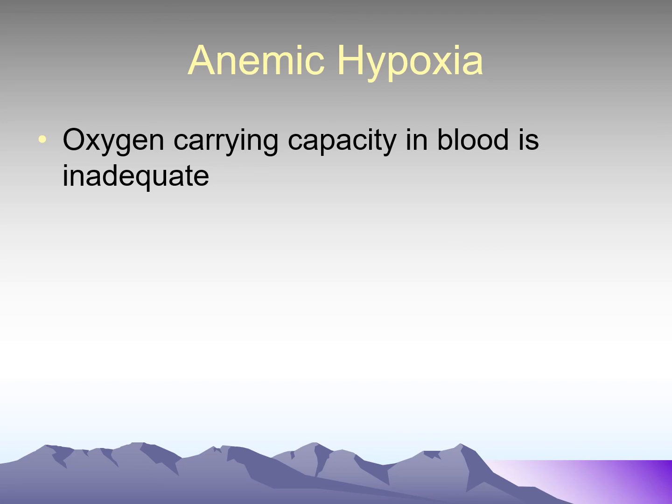Our PaO2 is normal here in anemic hypoxia, but the oxygen carrying capacity of the hemoglobin is inadequate. So there's not enough hemoglobin to carry the oxygen. So low hemoglobin, deficiency in the hemoglobin ability to carry O2.